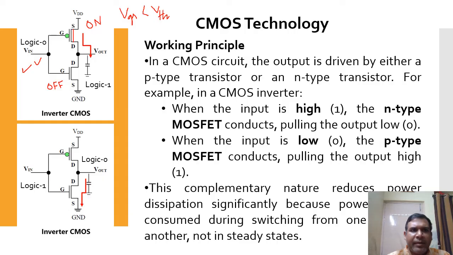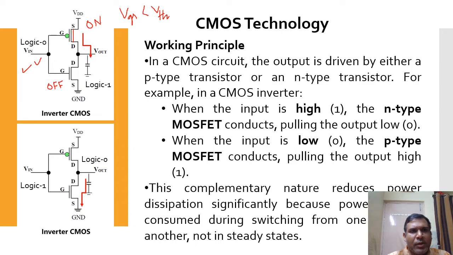When a large negative voltage is applied across the gate terminal, the minority charge carriers, which are p-type carriers or holes, are attracted towards the oxide layer and form an inversion layer.